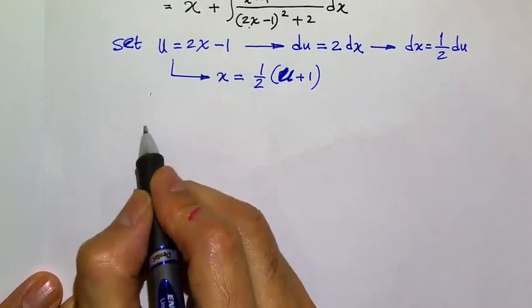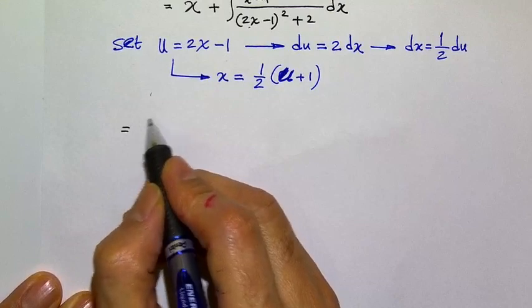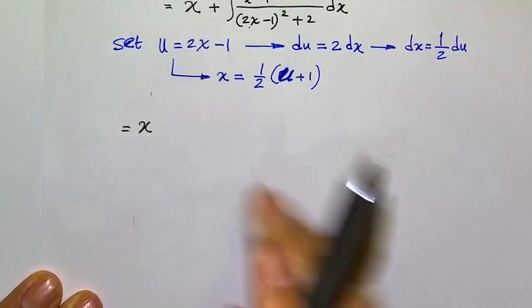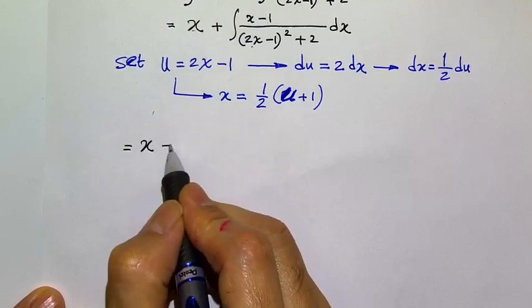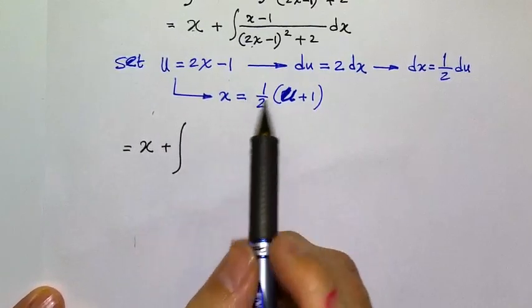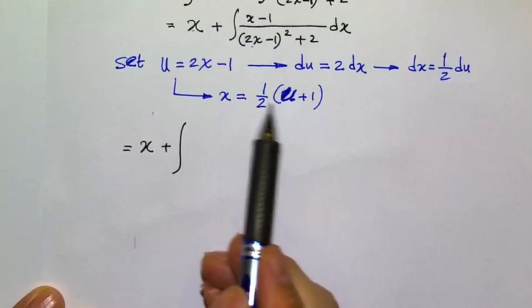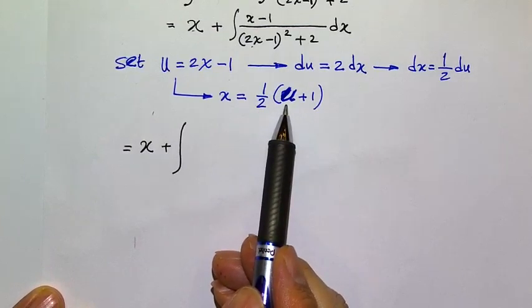So we end up with x, which is that. Which is that, x here, x plus the integral of, instead of x, I need to replace x with all of this.